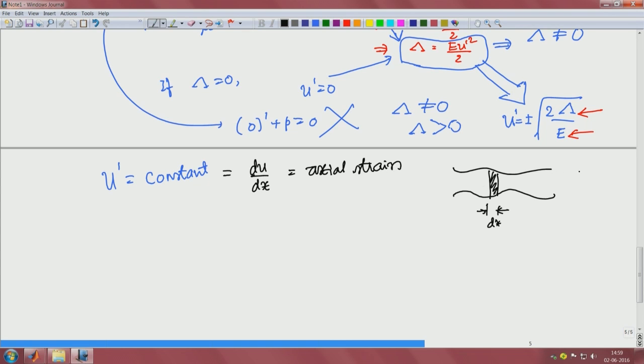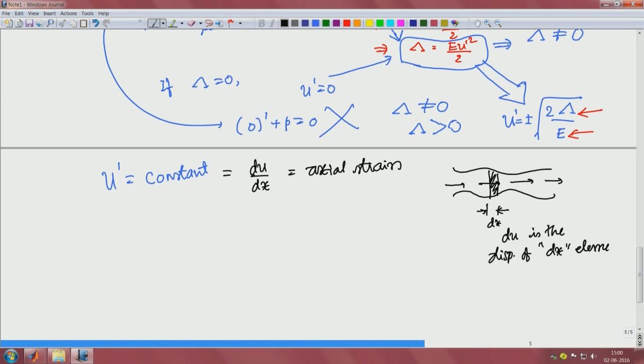When this bar deforms due to axial loading, and if the displacement is u of x, du is the incremental displacement of the dx element.